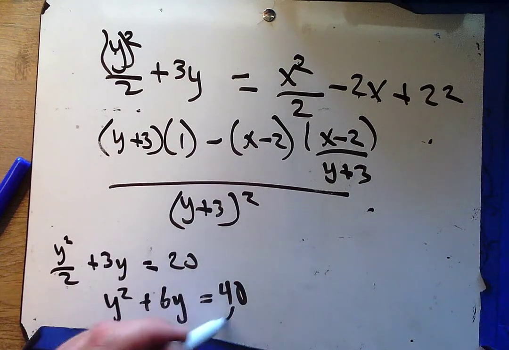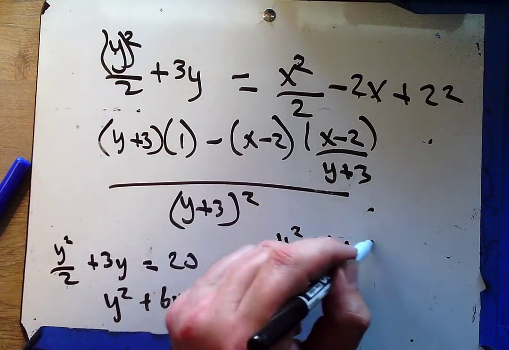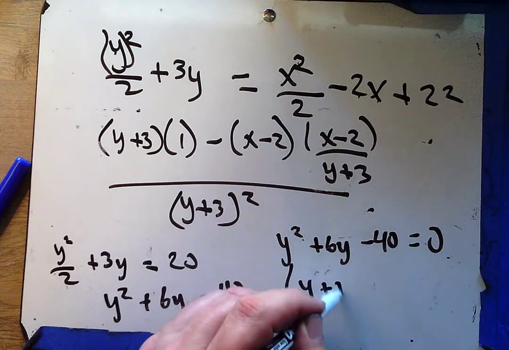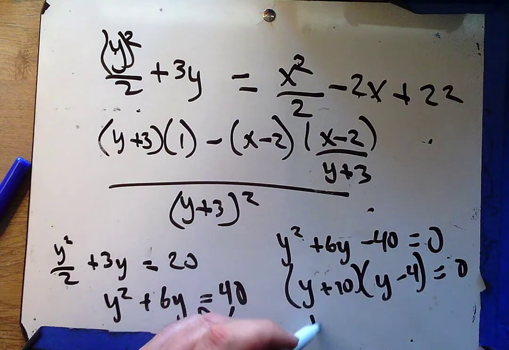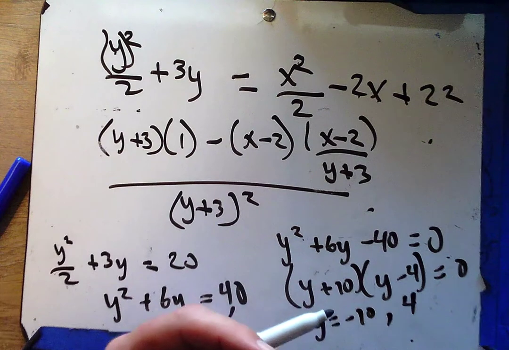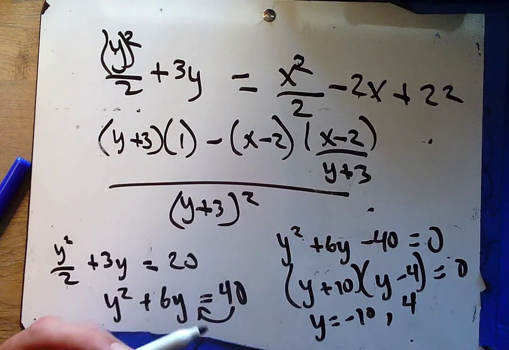And then I'm going to move that over. I have y squared plus 6y minus 40 equals 0. So (y plus 10)(y minus 4). I know that y equals negative 10 and positive 4. So actually, I have two different things going on here, don't I?